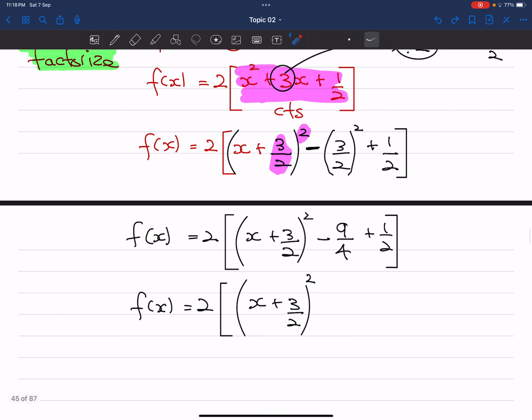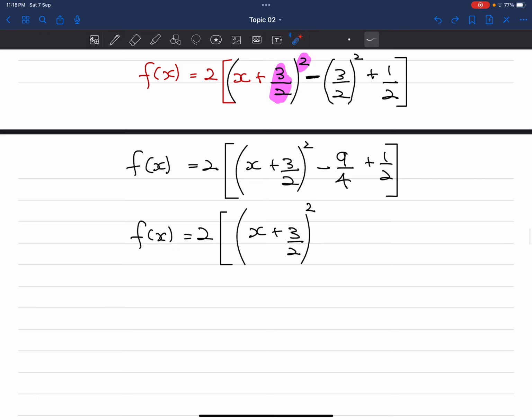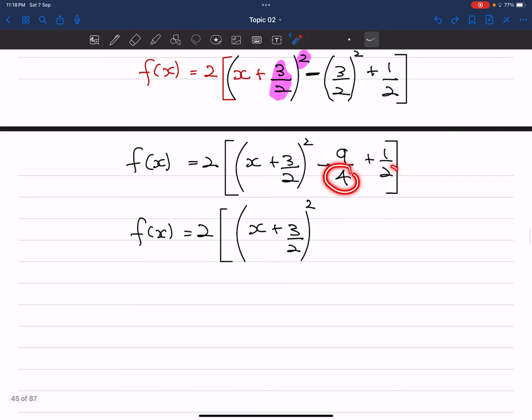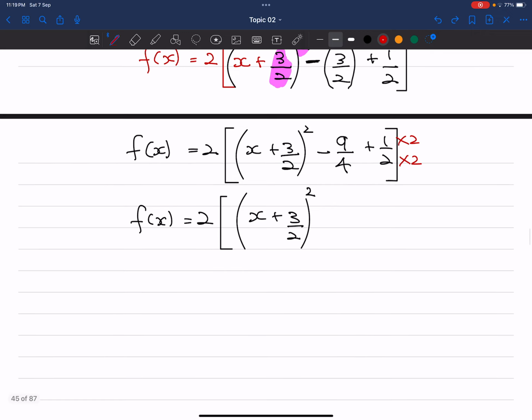We just have to do this fraction part, that's all. And of course, in your primary school, fraction, denominator must be same. So I'm going to times 2 times 2, which means this will become minus 9 over 4 plus 1 over 2, 2 over 4. Put back again the square brackets.